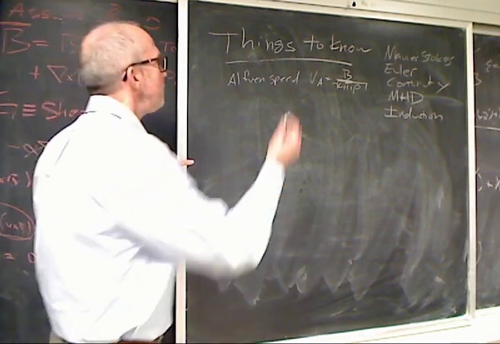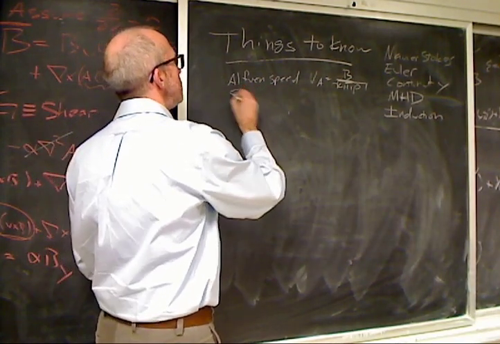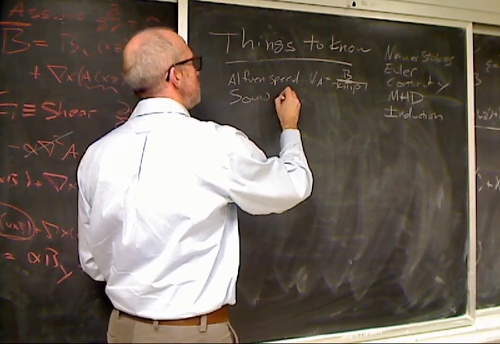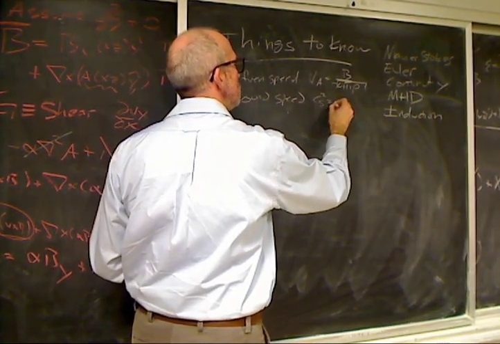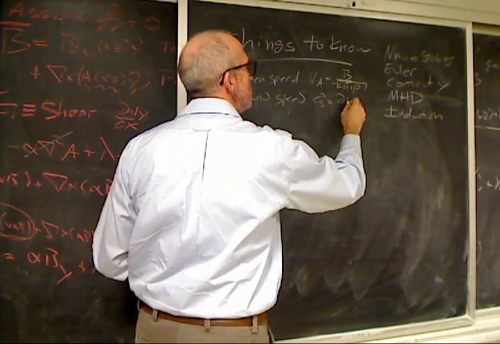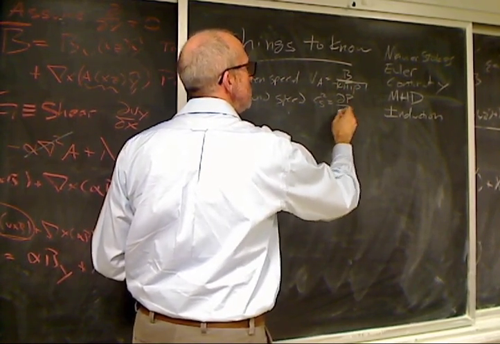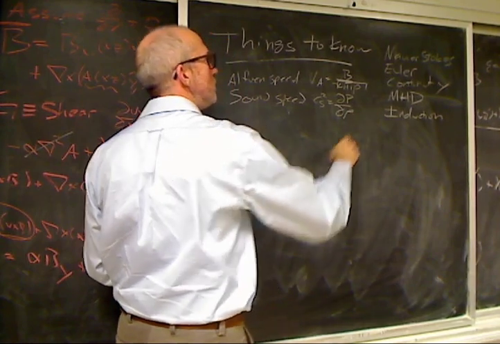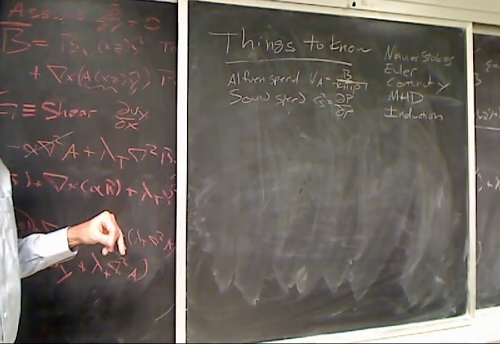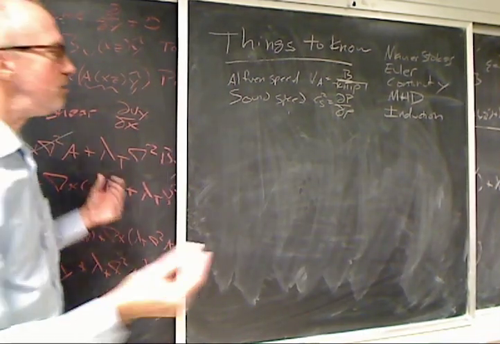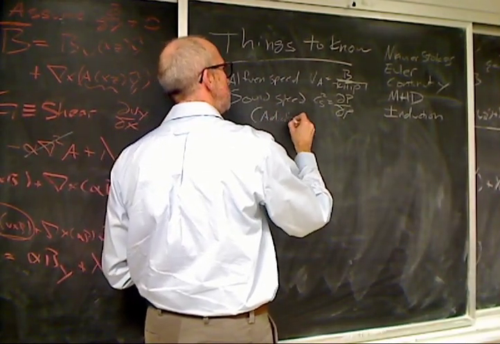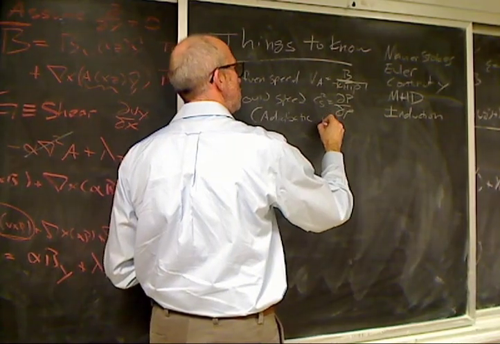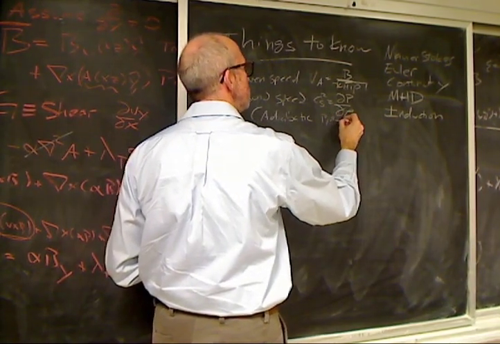Then we also said alphane speed, sound speed, which is C_s squared equals, remember the derivation, the definition, dP d rho. It's partial p partial rho. And then if you have an adiabatic gas, P over rho to the gamma is a constant.